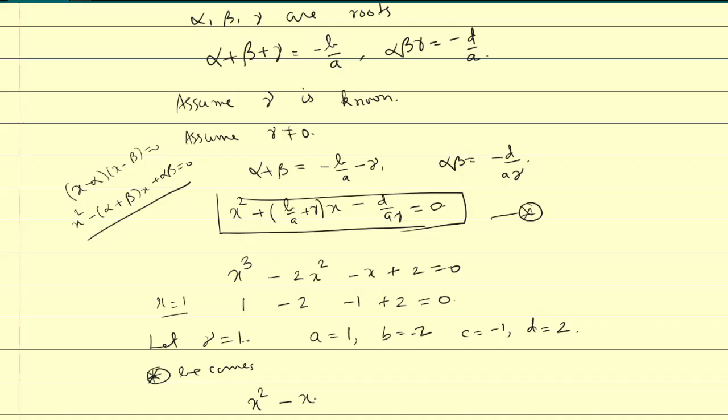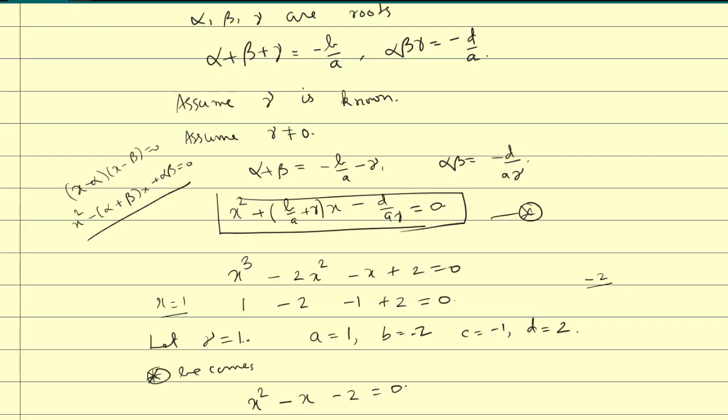So minus x is coming, and then we have to compute minus d by a gamma. Minus d will be minus 2 by a gamma. a into gamma is 1, so minus 2 will come. So this is the equation that we have to solve.